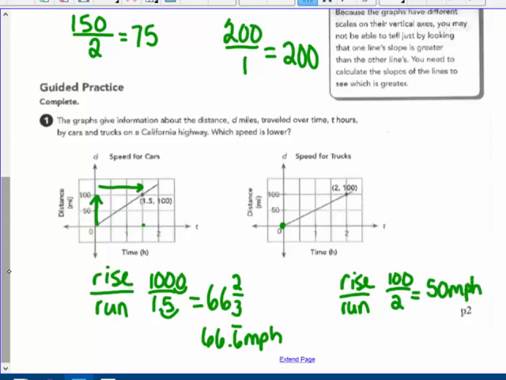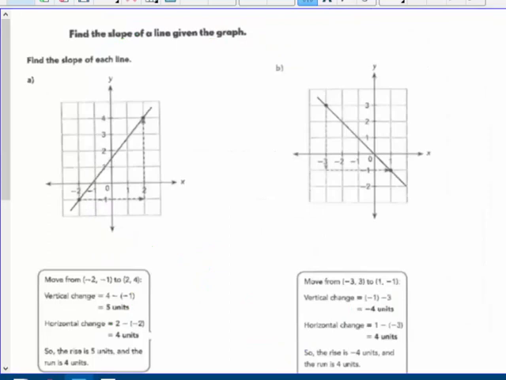So the cars are traveling at approximately, because your speedometer is not going to tell you 66 and 2/3 miles per hour, it's about 66 miles per hour, and the trucks are going at 50 miles per hour. So which speed is slower? Oh, or lower? It's the trucks. 50 miles per hour is slower than 66 2/3 miles per hour.